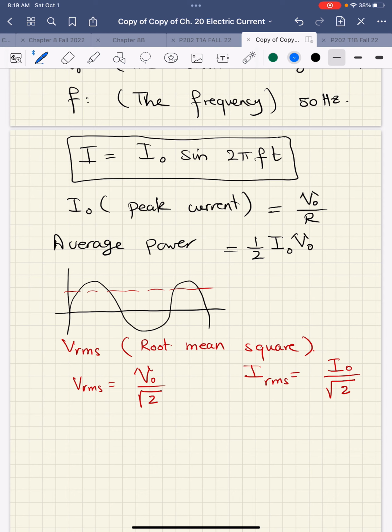For the voltage, it is the maximum voltage divided by square root of 2, and you don't have to know why. And for the current, IRMS is I0 divided by square root of 2. This is kind of an average value, calculated using statistics.